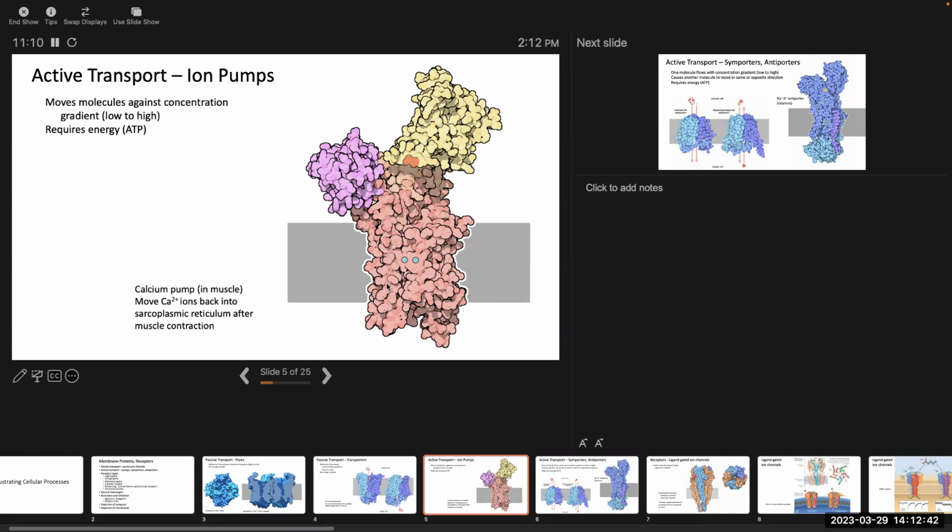So it moves the calcium ions out of the cytoplasm into the sarcoplasmic reticulum, where those calcium ions are then stored. And the next time you have a muscle contraction, the calcium ions are released again. So this is what is responsible for the relaxation of a muscle after it contracts.